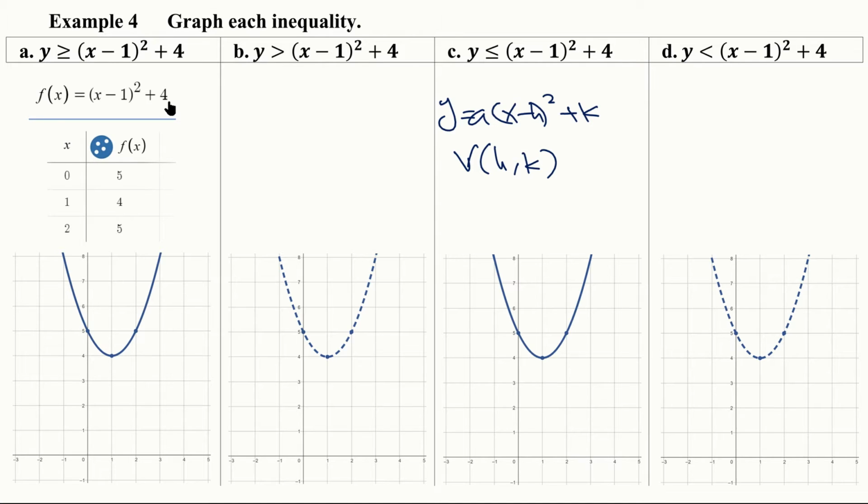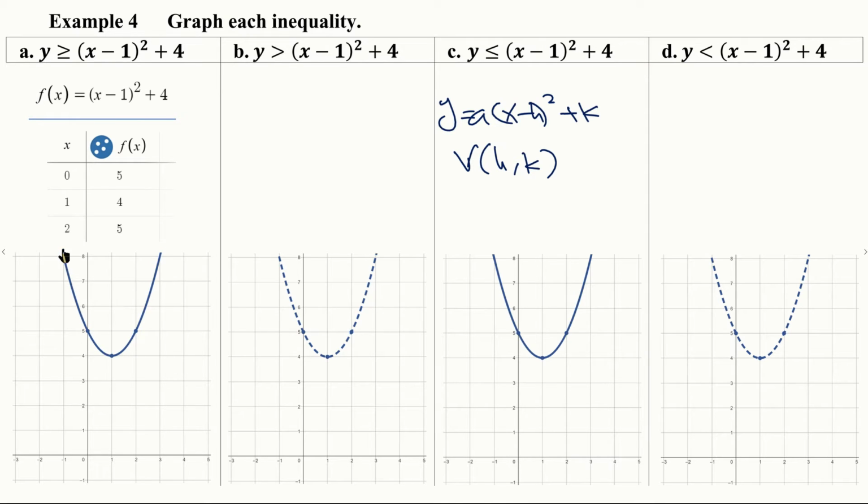So notice that we start at the vertex, then we can go 1 point to the left and 1 point to the right of it to get a couple of extra points. We plot those and we can get a really good graph of our parabola just like that, okay? So now we want all the points in the plane whose y value are greater than or equal to the y value on this parabola.